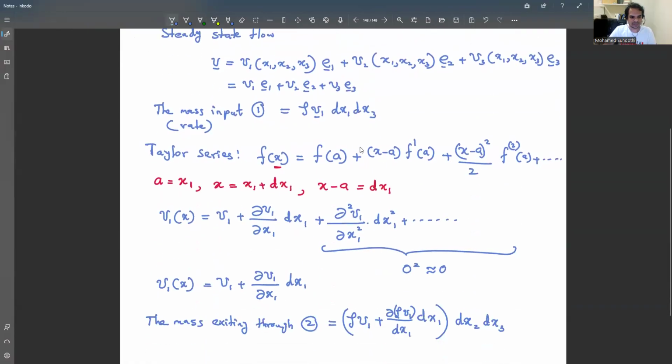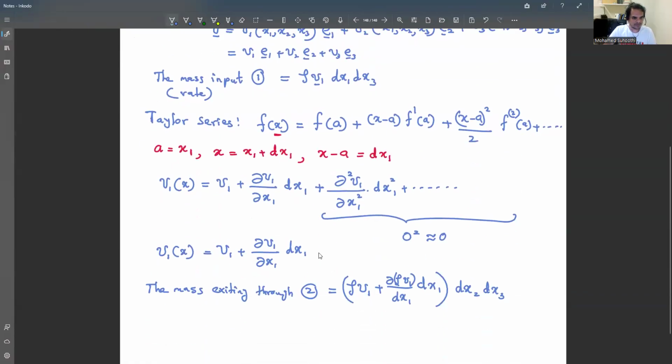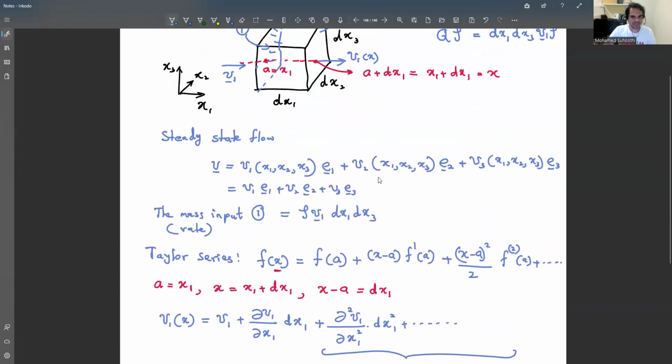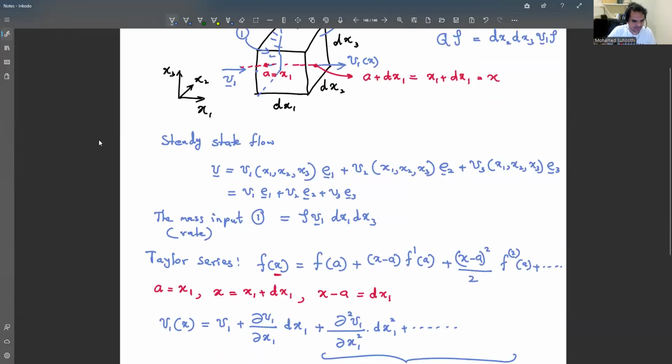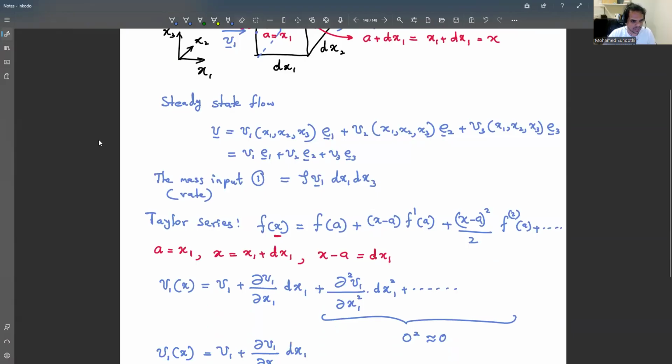Previously the area is dx2 dx3. I have written dx1, but I am calculating this area, this is dx2 and dx3. There's a small typo here.